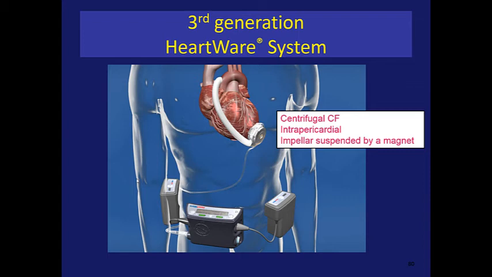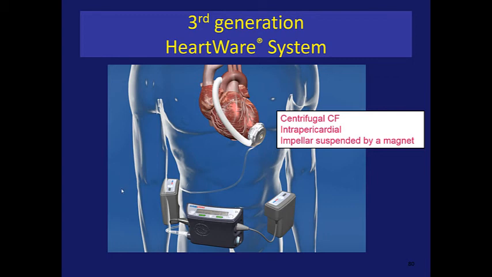And the only thing you'll see outside the body is the drive line, the controller, which controls the speed of the pump and gives the patient the alarms. The patient has to always be connected to some type of power source, either the battery supply or to the wall. So you can see this is not a good option for someone crashing and burning, pupils fixed. This is an option for someone who's a walkie-talkie, a person who's doing pretty well.